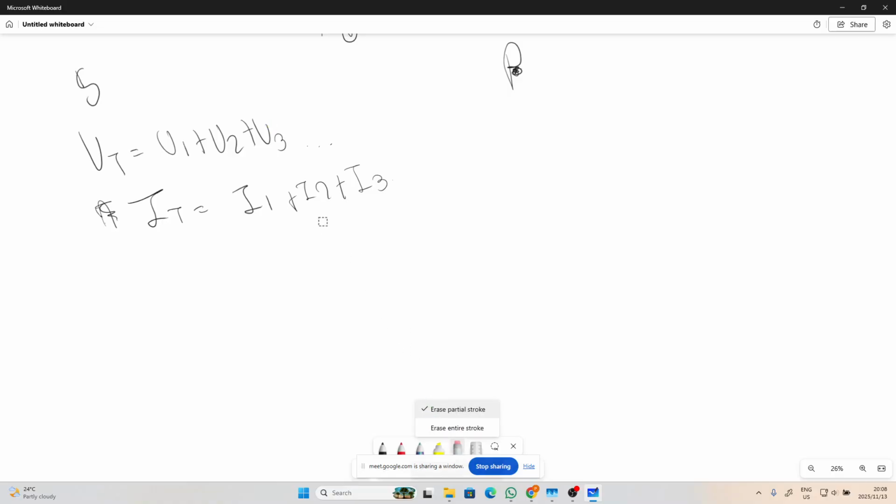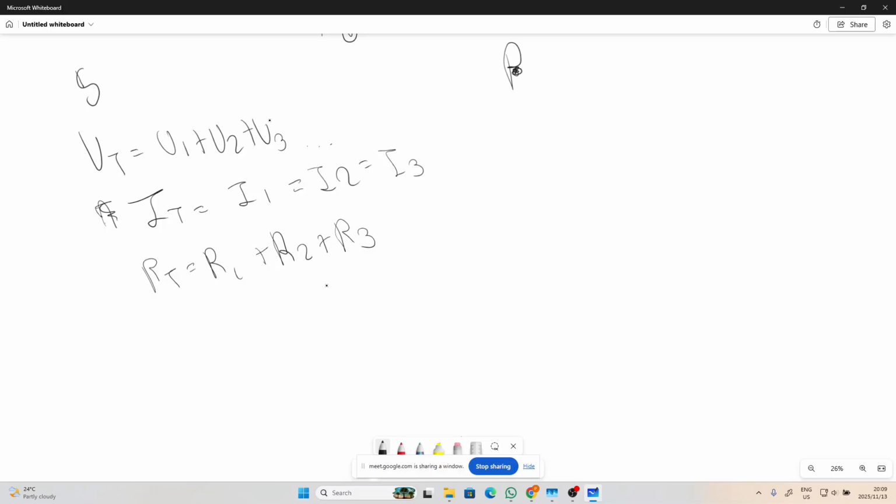No, that's wrong. Sorry. This is just I1 equal to I2 equal to I3. Current stays the same. Resistance total, you're just adding up the resistors. Simple.